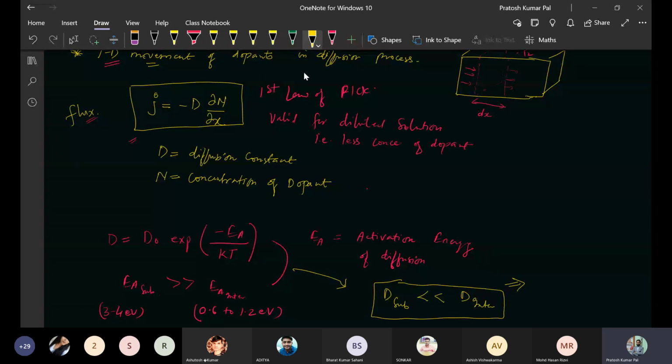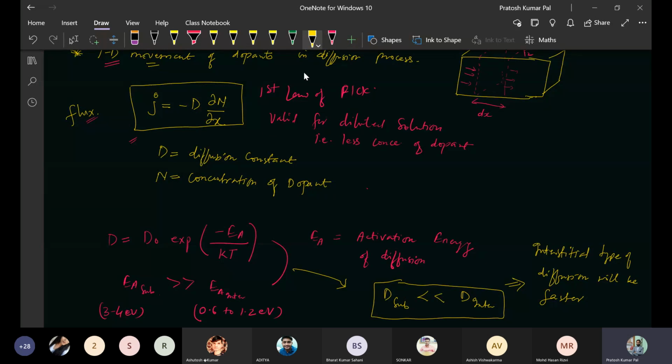This interstitial type of diffusion will be faster because a large number of dopants are passing through the plane, as we have seen previously.